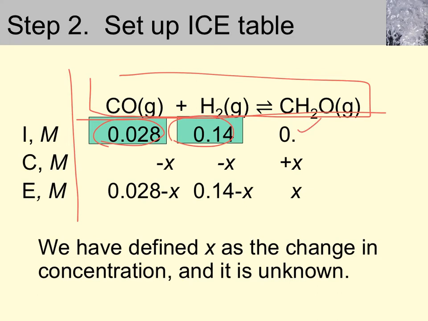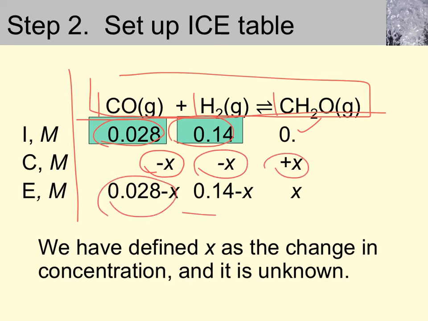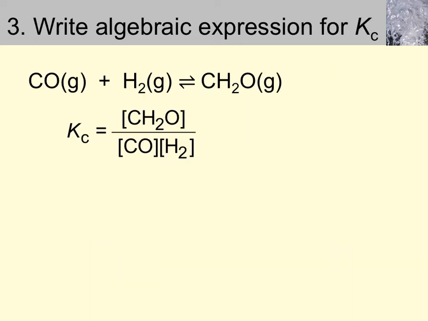You're going to assume the concentration of the product is 0. All of these reactants and products have a coefficient of 1 in front of them. So the reactants are minus x, the product is plus x. Now you have your expressions for equilibrium concentrations, and you're going to plug those values into the equilibrium constant expression, which is right here.